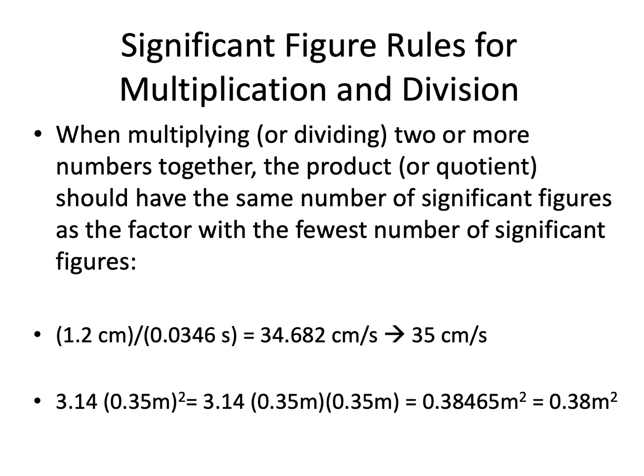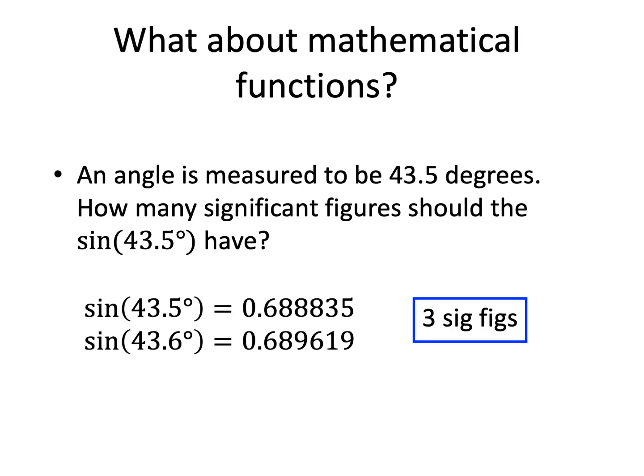So these have 2 significant figures each, so my answer should have 2 significant figures here. So I'm looking here, 0.384. That 4 is less than 5, so I don't round up, and I'm left with 0.38 meters squared. And that's my answer.